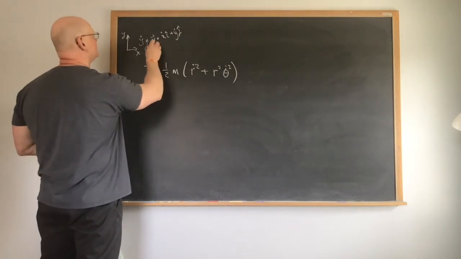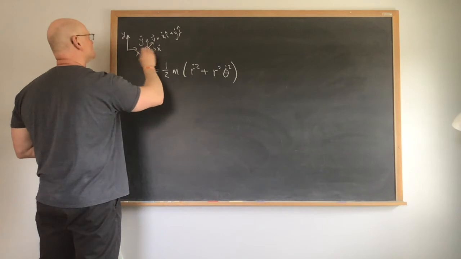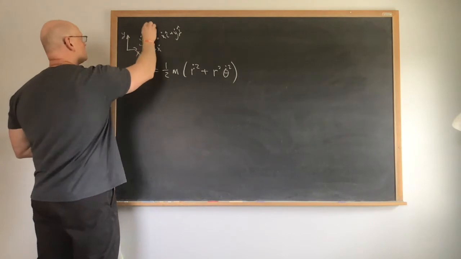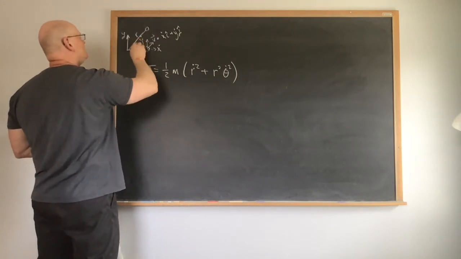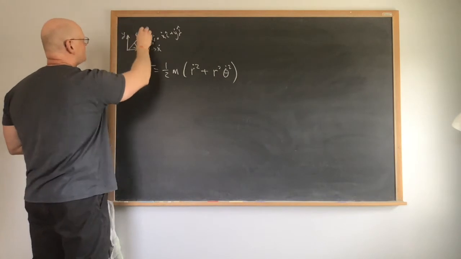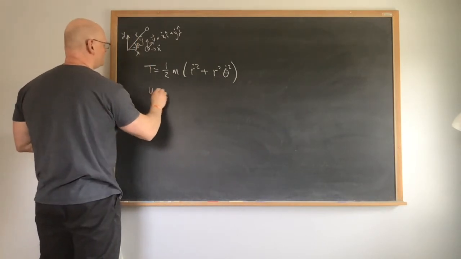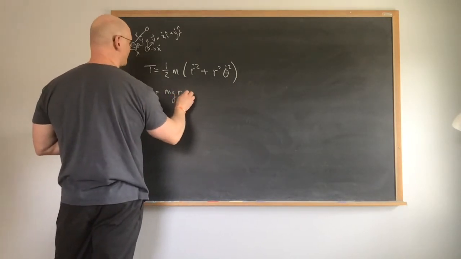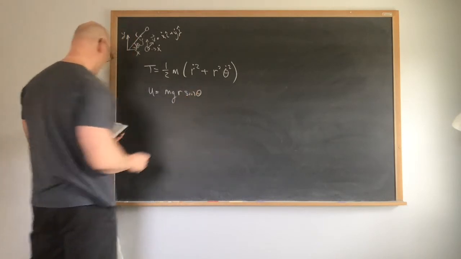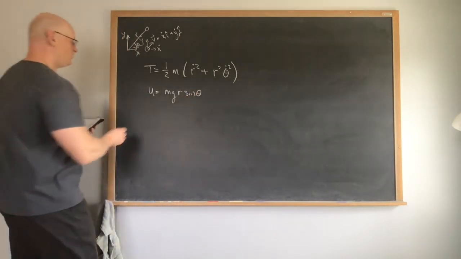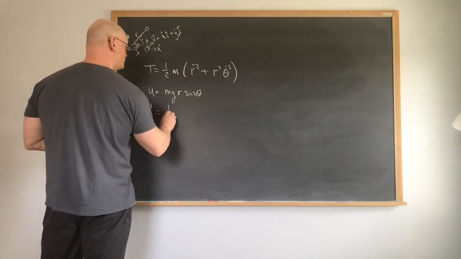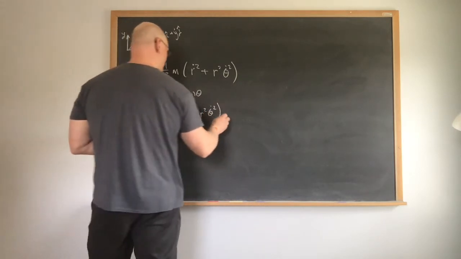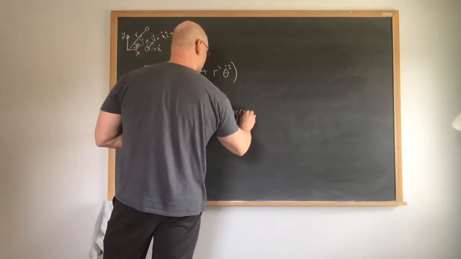For the potential energy, let's say our particle is sitting here, so this is our r, and this is the angle theta. Then U is going to be mg times y, but y is the same thing as r times sine of theta. So our Lagrangian is equal to 1/2 m times r dot squared plus r squared times theta dot squared, minus mgr sine of theta.